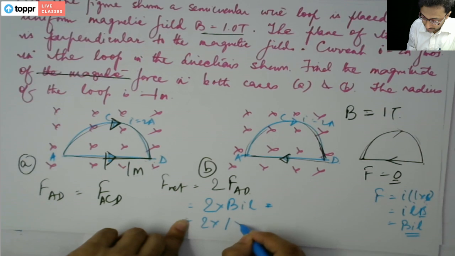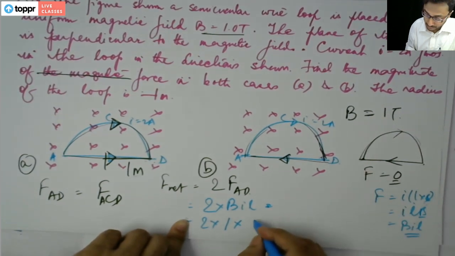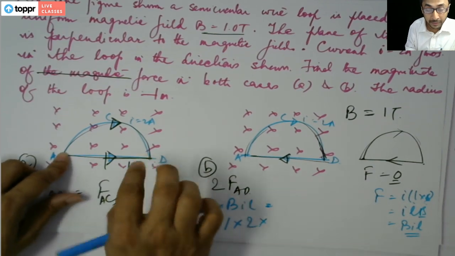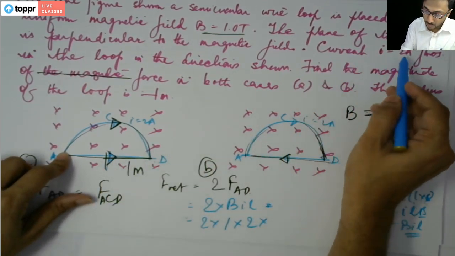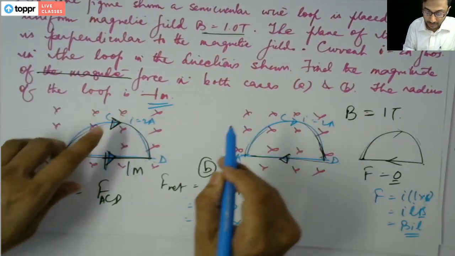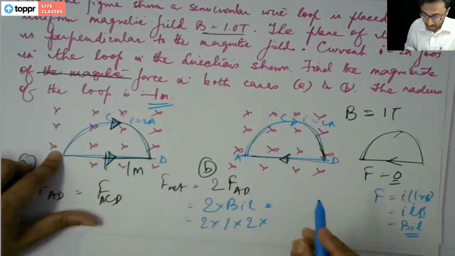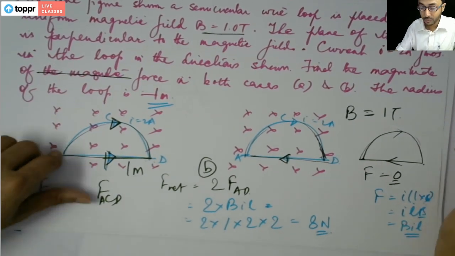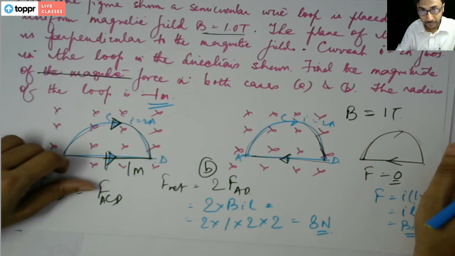B is 1 Tesla, current is 2 ampere, and the length: radius is 1 meter, so this is the diameter, which is nothing but 2 meter. So finally 8 Newton is the answer, right?